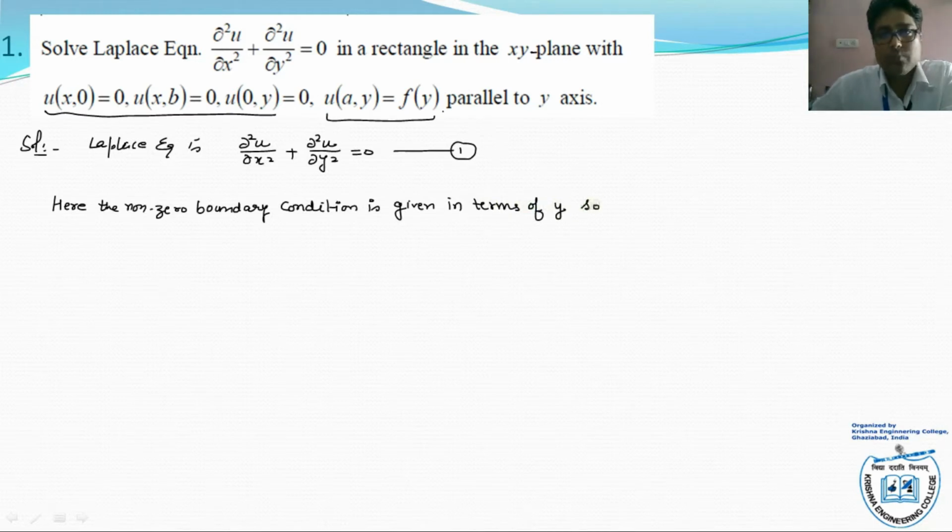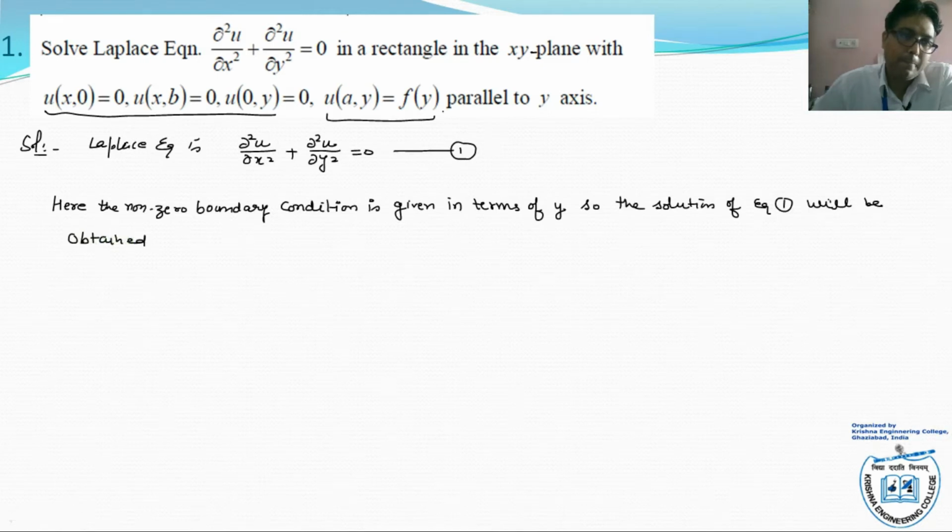So the solution of equation first will be obtained at k is equal to plus positive, that means k is equal to p square.